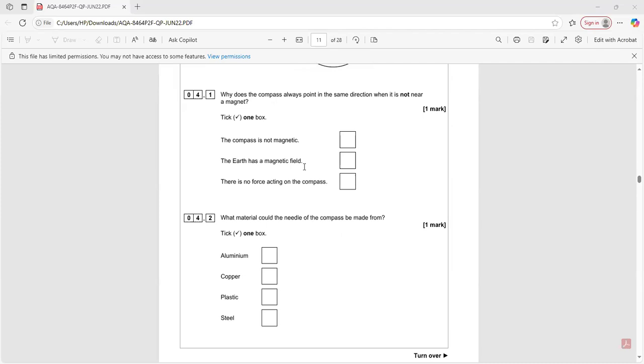It says, what material could the needle of the compass be made from? So remember, magnets will attract magnetic material. Which of these options is a magnetic material? Which one did you say is magnetic?